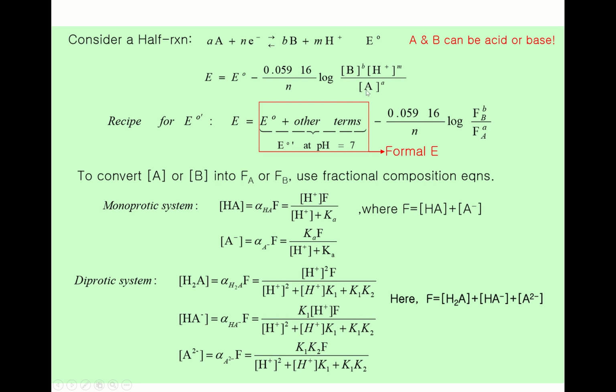Then there will be several other terms in this equation. The term including the standard reduction potential and other terms is defined as the formal potential. The best way to understand this equation is to take an example.